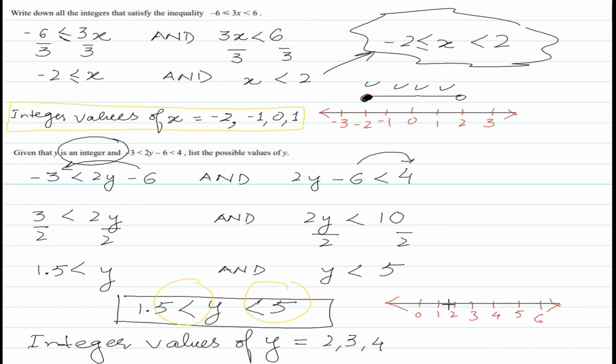So 1.5 will be somewhere in between this 1 and 2. It will be somewhere here. So let's suppose this is 1.5. So your answer starts from 1.5, excluding 1.5. It's not included, no equal to sign. And your answers end at 5. So you can see the integer values in between. There are 2, 3, and 4. So these are the 3 integer values.